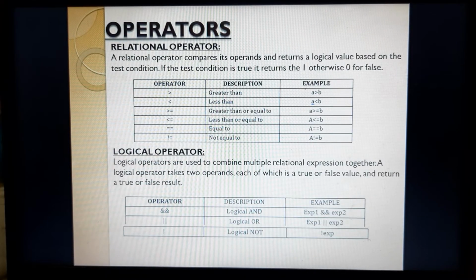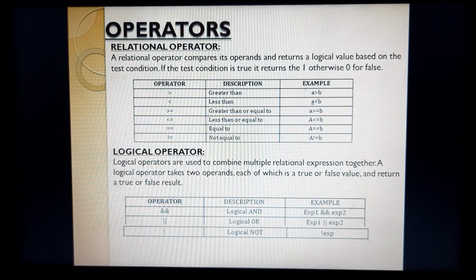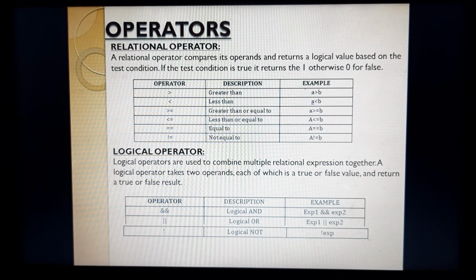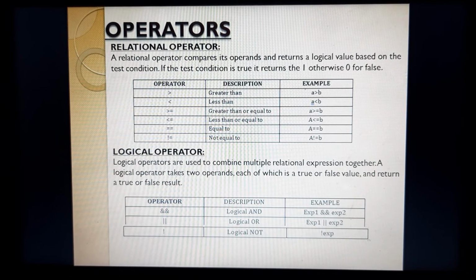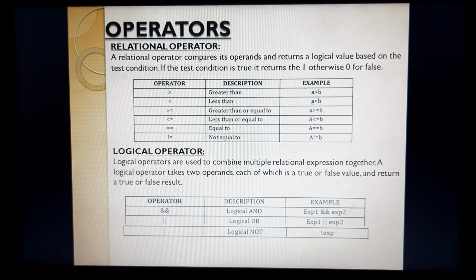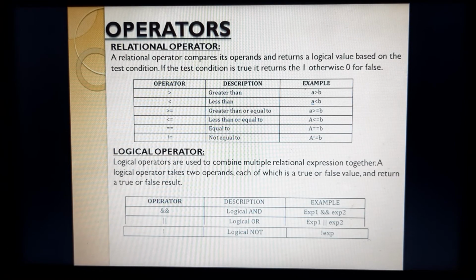Similarly, the relational operators. A relational operator compares its operands and returns a logical value based on the test condition. If the test condition is true, it returns 1, otherwise it returns 0 as a false value. So the relational operators compare two values. We have to mention the two values. Based on them, it compares both values and generates either true or false.